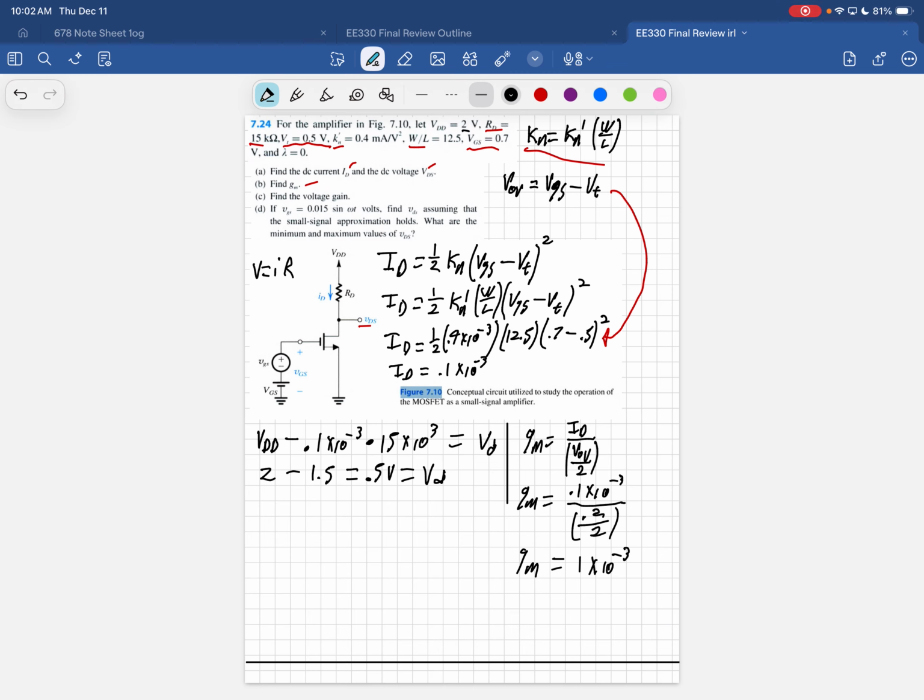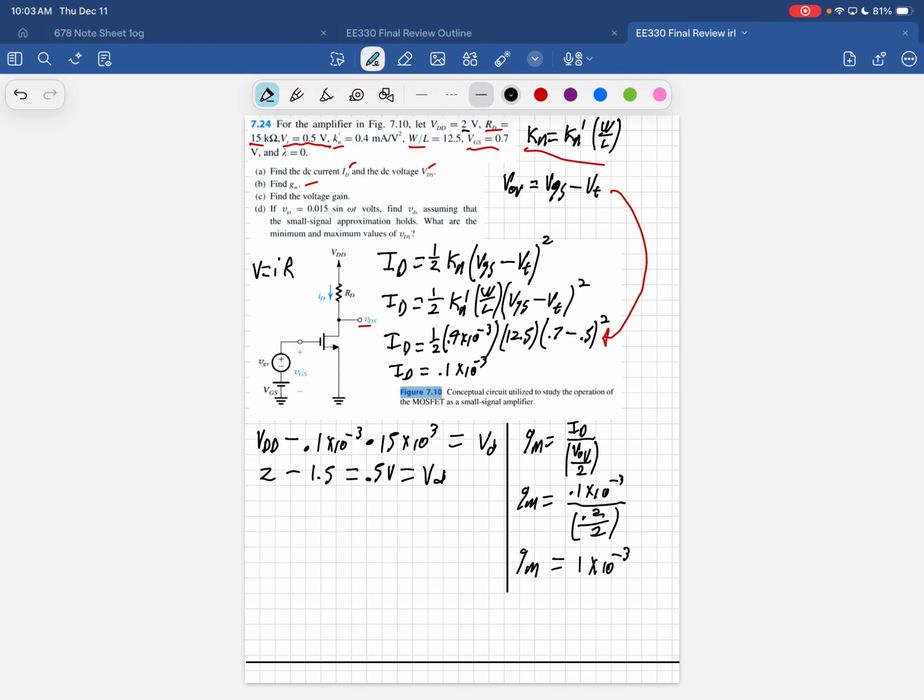I like that, mhos. But yeah, it's 0.001 Siemens, I guess. That's the name of a company. It's probably named after a guy, I forget the last name. Must have been bullied in school. Yep, milliamps per volt. That's right.